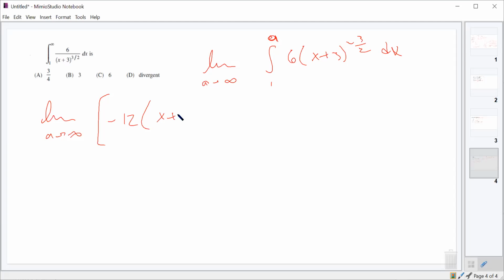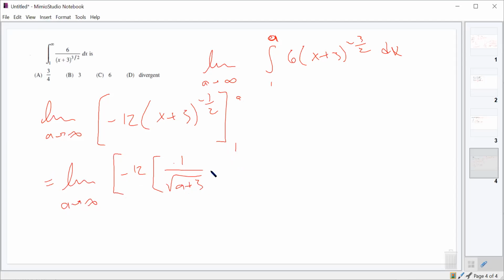And that's times (x plus 3) to the -1/2, going from 1 to a still. So we got the limit as a approaches infinity of -12 times 1 over the square root of a plus 3 minus 1 over the square root of 1 plus 3.